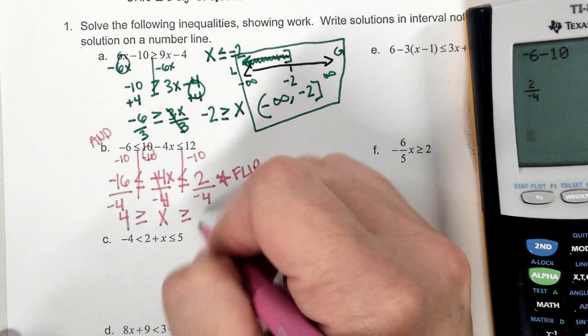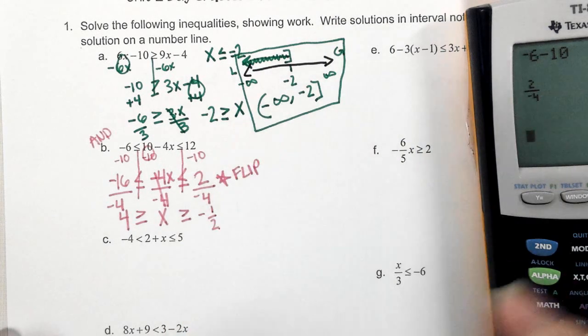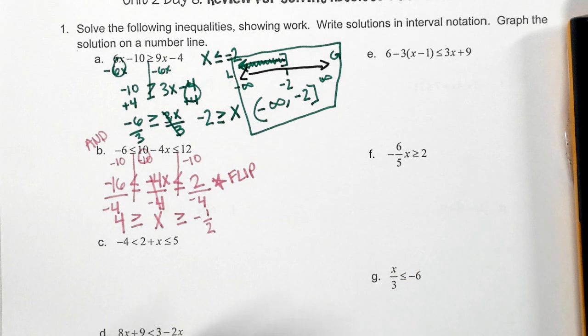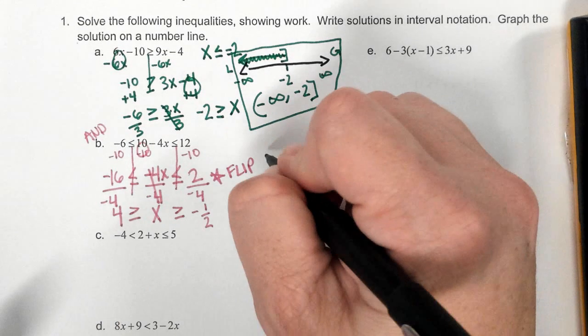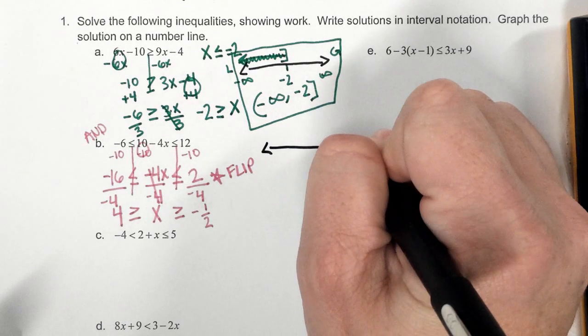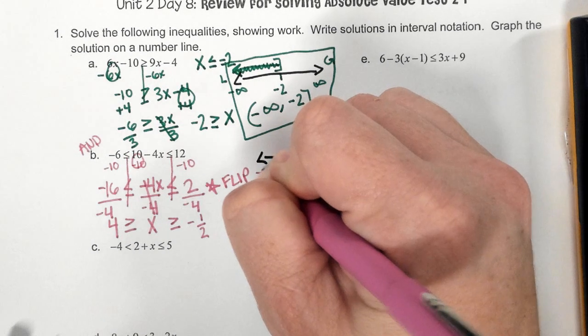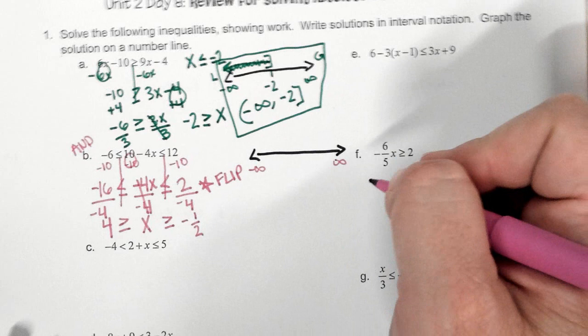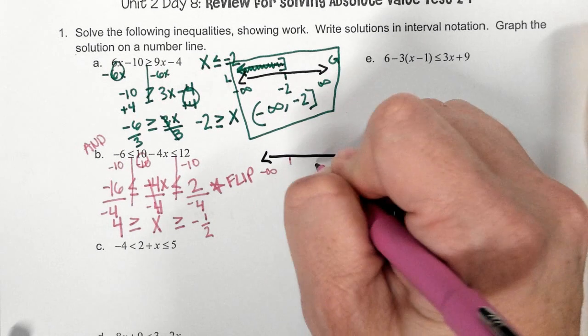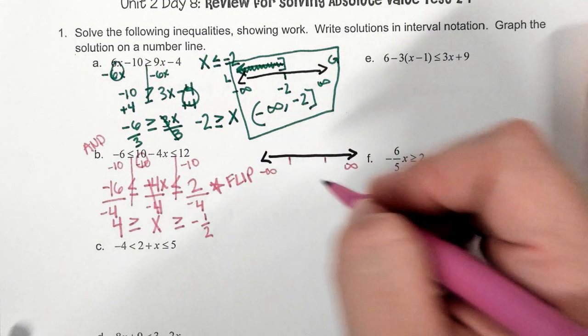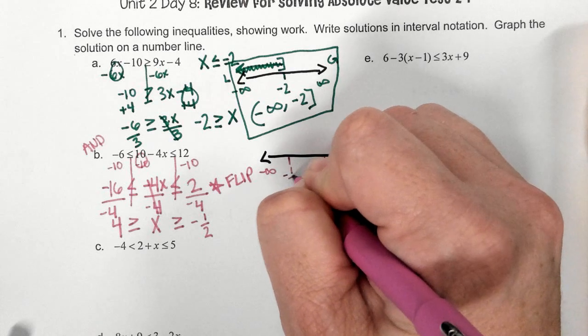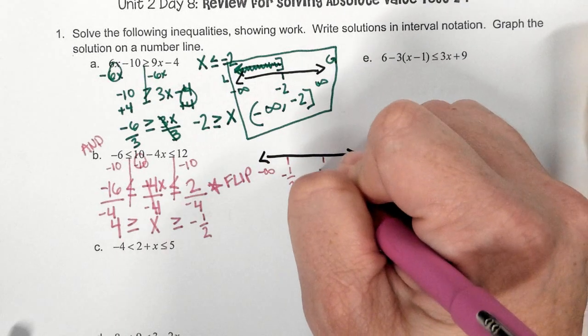So we get negative 1/2. So now I'm done. I know that this is an and problem. So negative infinity, infinity, and remember, it being an and problem tells us that we want them to overlap. So less is always on the left, so negative a half, positive 4.